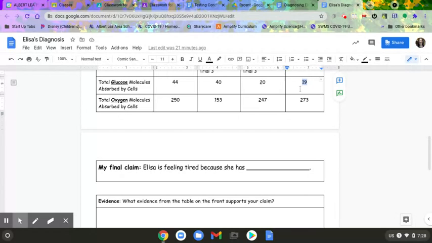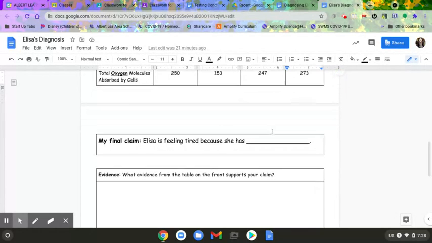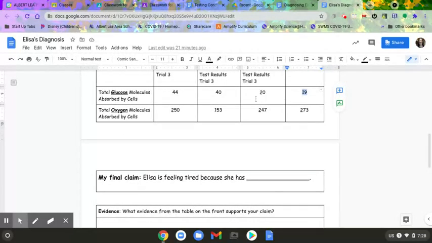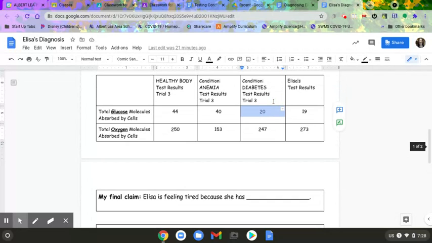Really, really use the numbers that are there. The other one, then we had to look at the test results from the diabetes trial and said the same thing. For the condition of diabetes test results, the number was higher or lower than a healthy body, and the test result was, use the number, okay? In this case, I've got 20. Those of you who did a diabetes result, if you want to use your numbers, again, your range is probably 15 to 20.